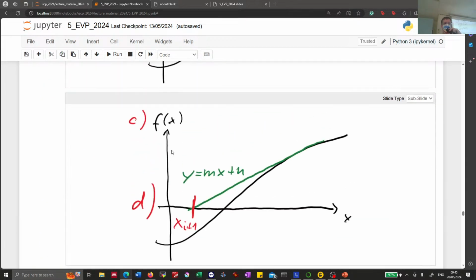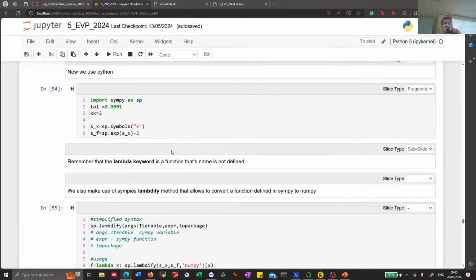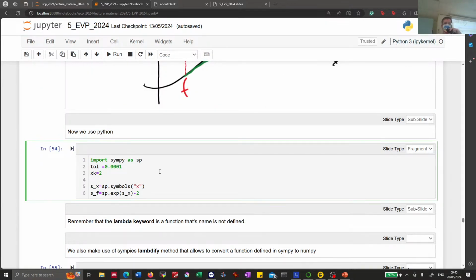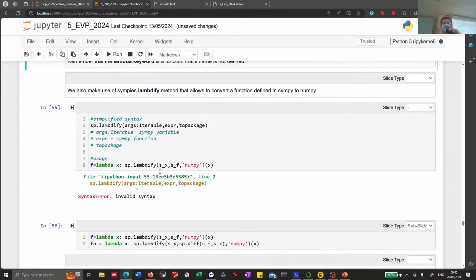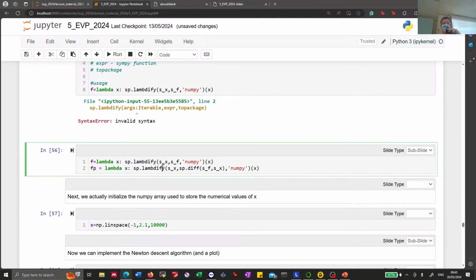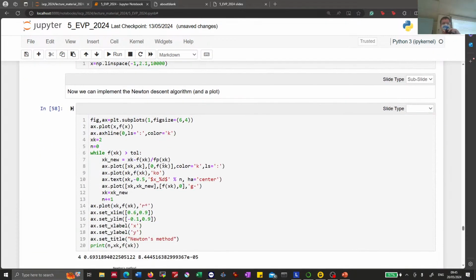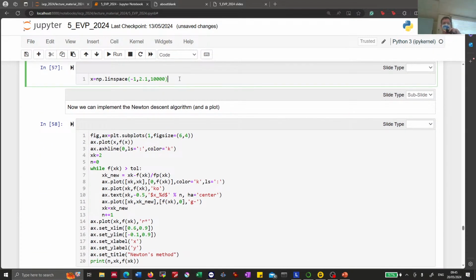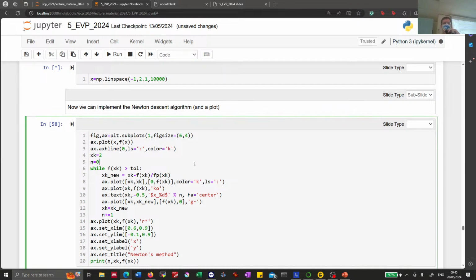Actually, no. It's slow. Here. Right, my tolerance defined, I execute, takes a while. My function, derivative. I define my x array. I execute and make it this time a little bit larger.